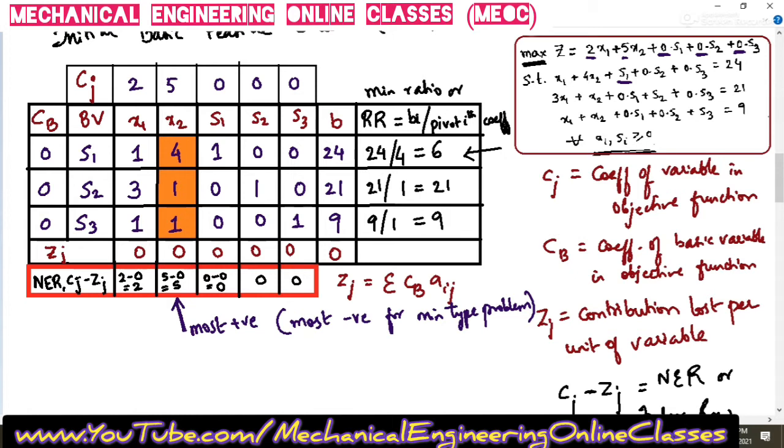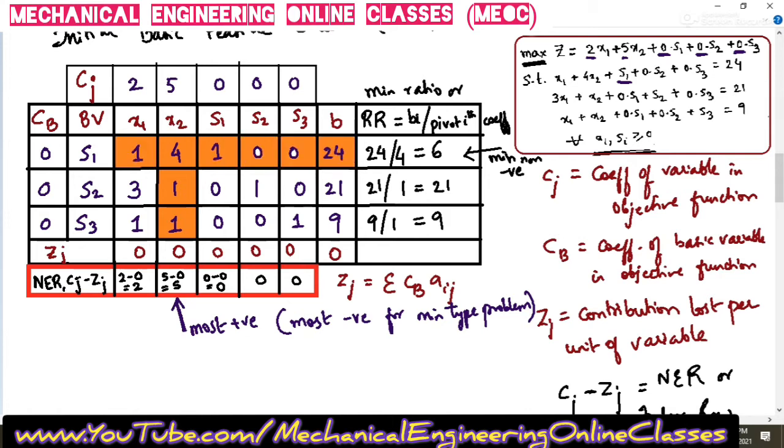While picking the minimum ratio, we have to see the minimum non-negative value. It can be 0 also. Even if we have a 0 as minimum ratio, that will be considered the minimum. But if in place of 6, 21 and 9 we get all zeros or zeros and infinity, then the solution in that case is unbounded.